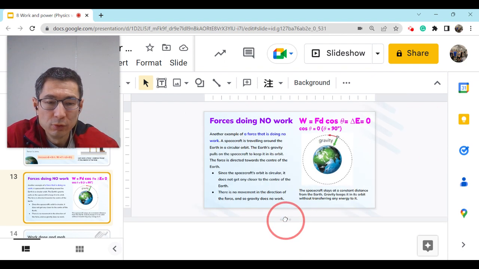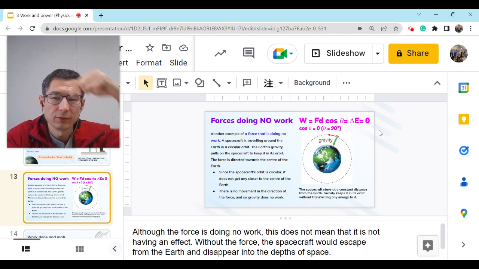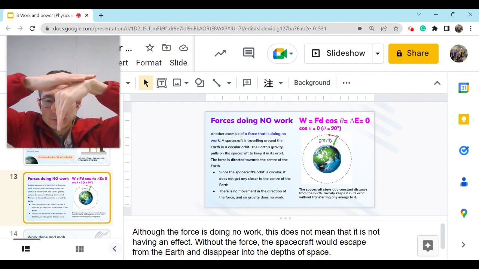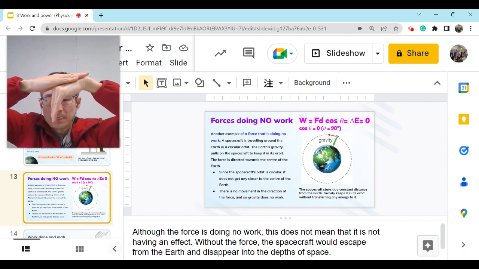There is a movement around the orbit, and that movement is at a right angle, perpendicular to the force trying to pull it.